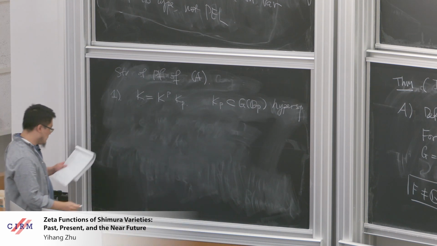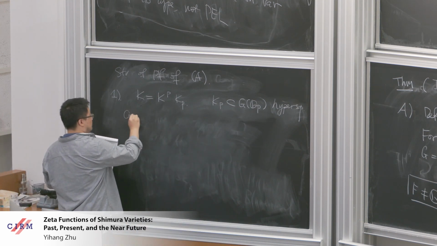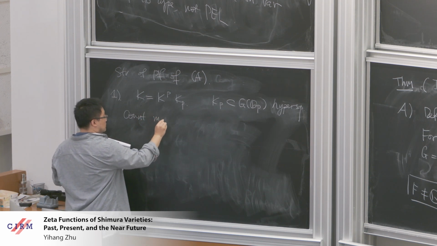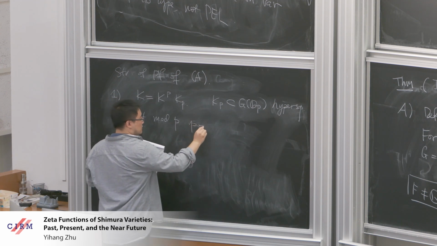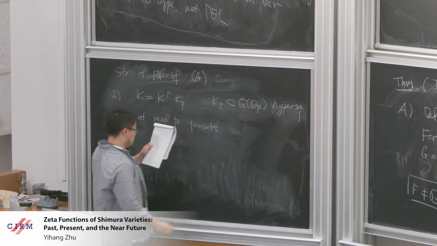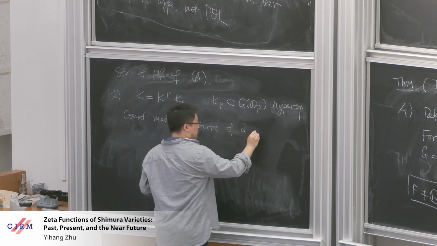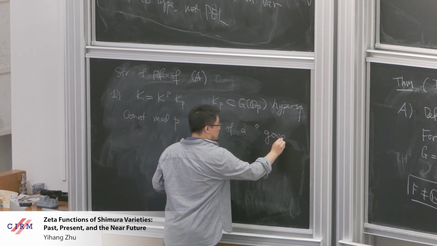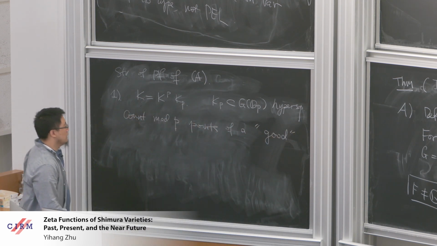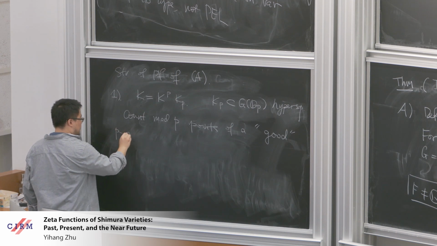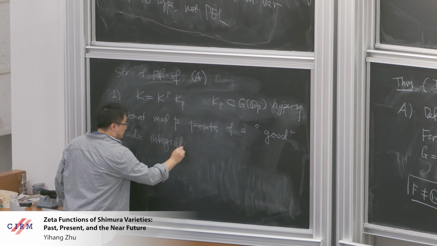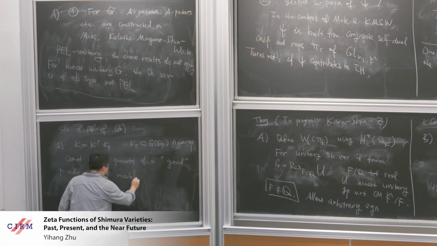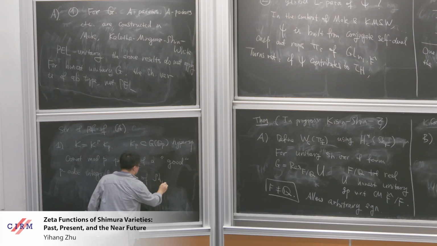And so we want to count the mod p points, in a suitable sense, of a good p-adic integral model of the Shimura variety.